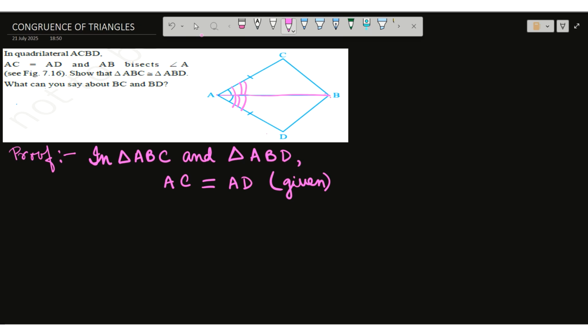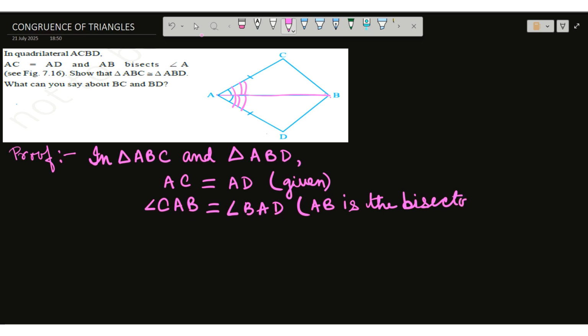So we'll write angle CAB is equal to angle BAD. The reason is that line AB is the bisector of angle A.